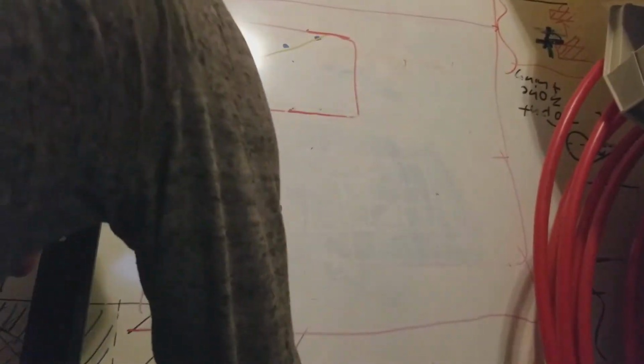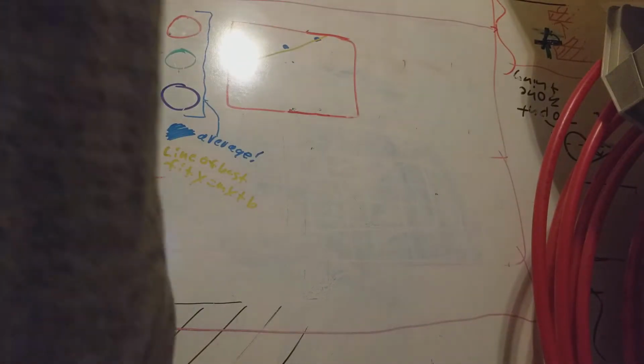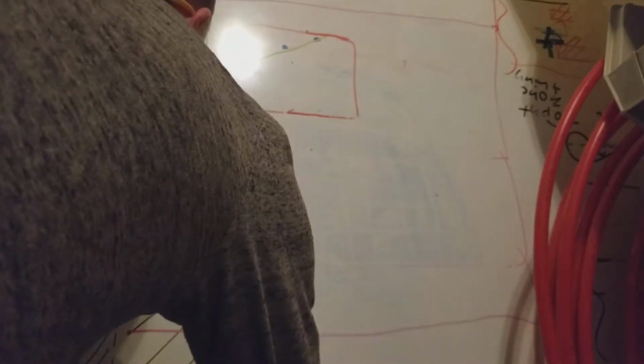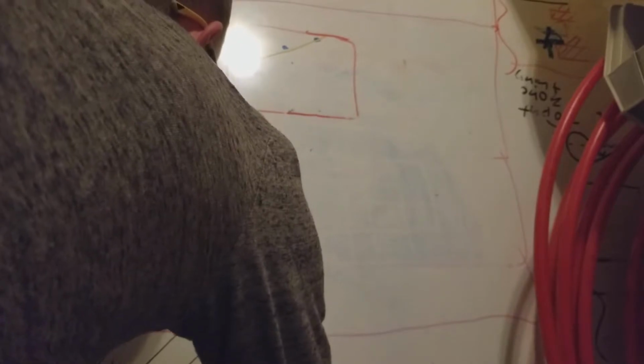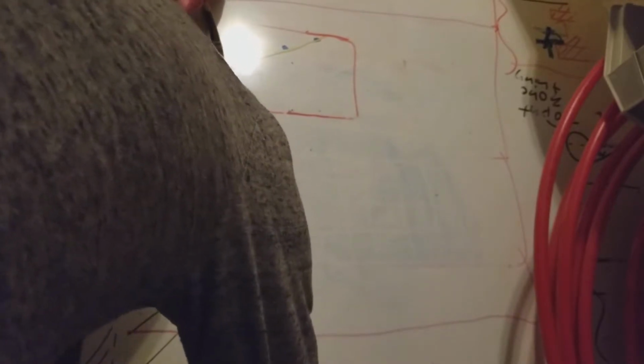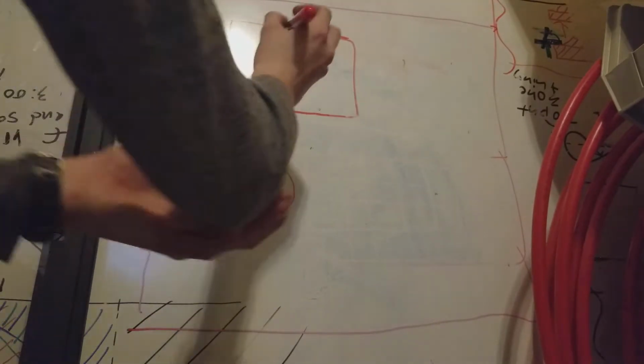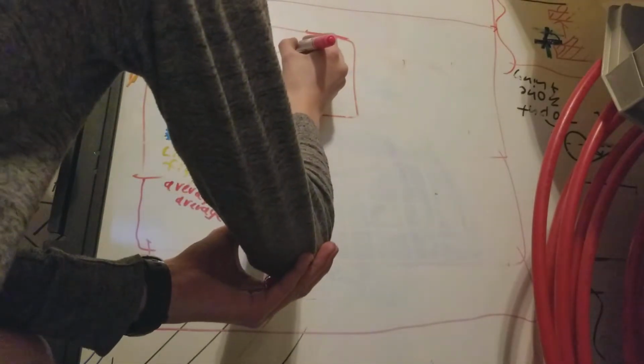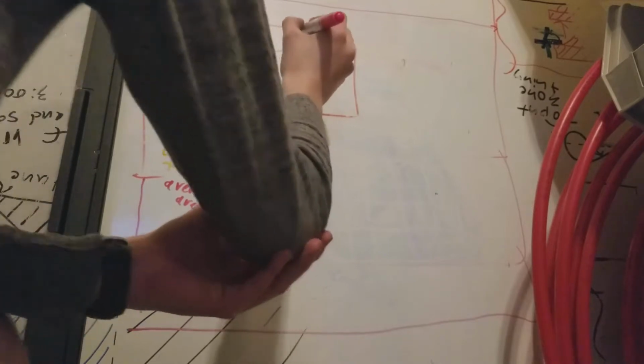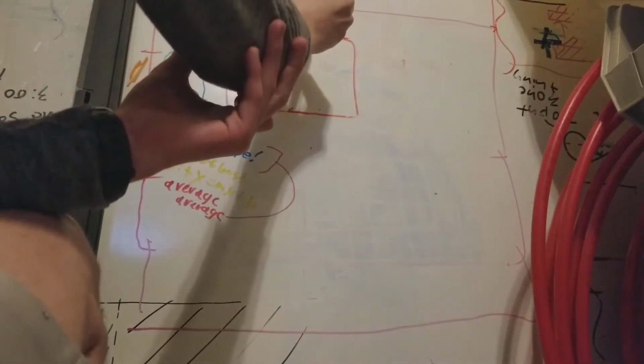So then we have pink. Pink will be the average of these averages, which will give us a center point, which, not surprisingly, should be exactly on this line.